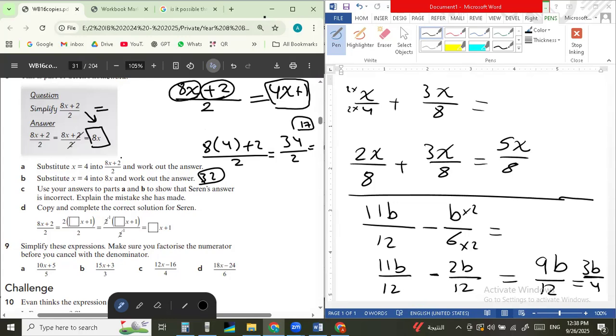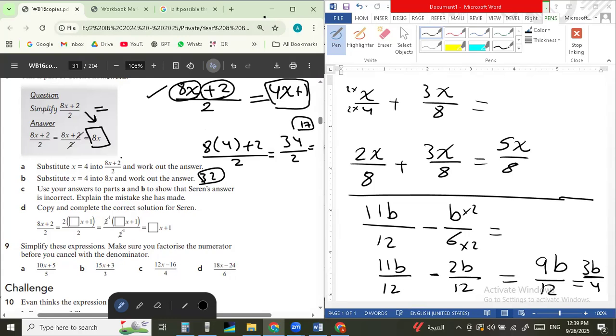We already did this up there. Explain the mistake she made. We explained it. She was supposed to divide 8x by 2, gives her 4x. Positive 2 by 2 is positive 1, so 4x plus 1. This is the mistake that she made. Are they equal? No, they are not equal in Siren's answer. This one is 17, the other one is 32.